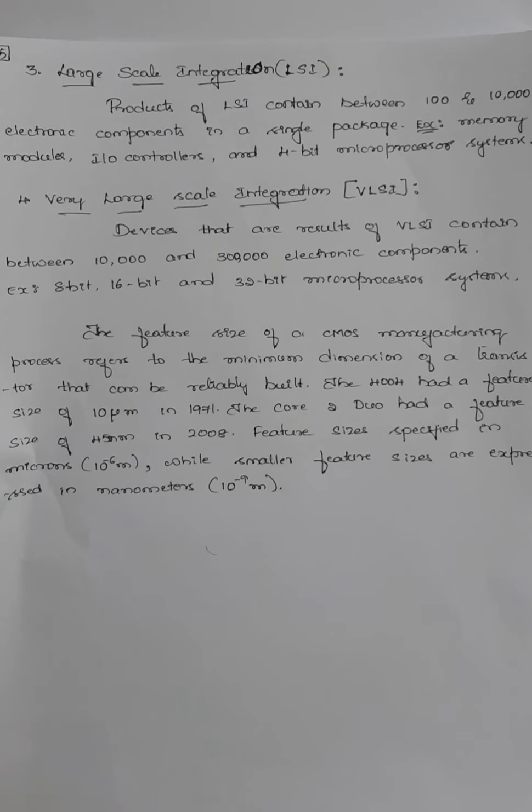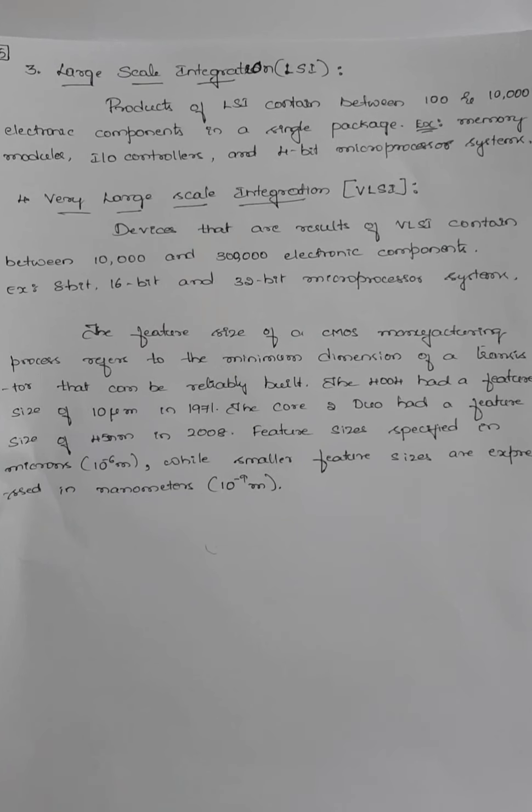Later on, we go to the very large scale integration, which is our subject, VLSI. The devices that result from VLSI contain between 10,000 and 3 lakh electronic components. Examples are 8-bit, 16-bit, and 32-bit microprocessor systems.